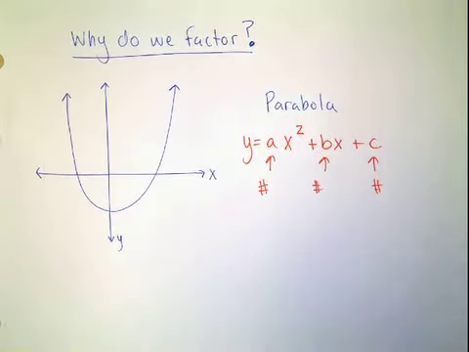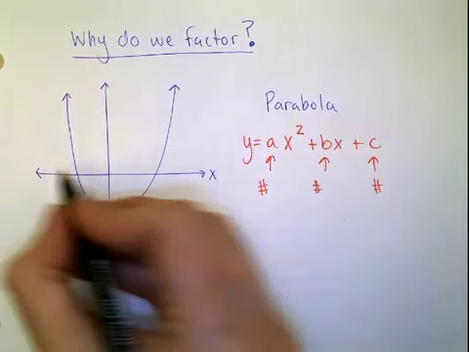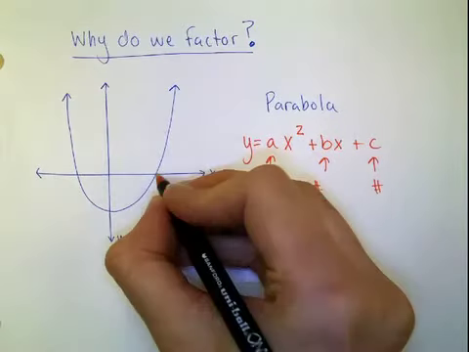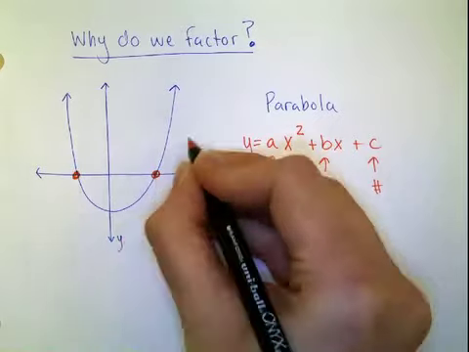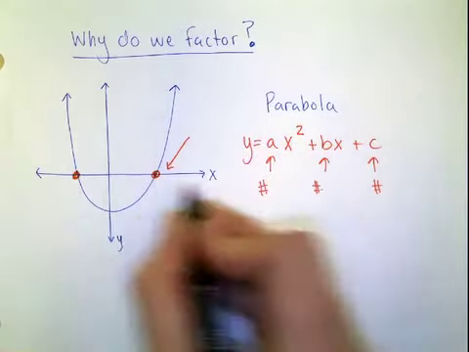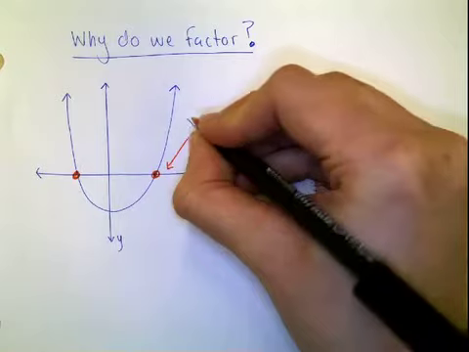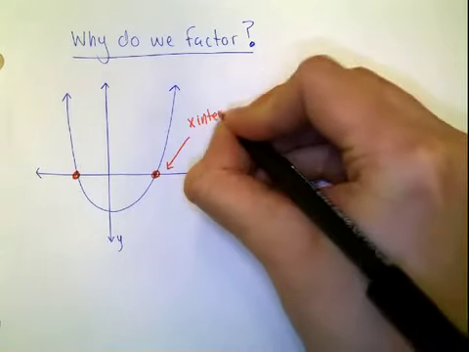One of the important things about these parabolas is they usually cross the x-axis somewhere. Often, because of the shape, they'll cross in two spots. The spot where it hits the x-axis, we call an x-intercept. It intercepts the x-axis.